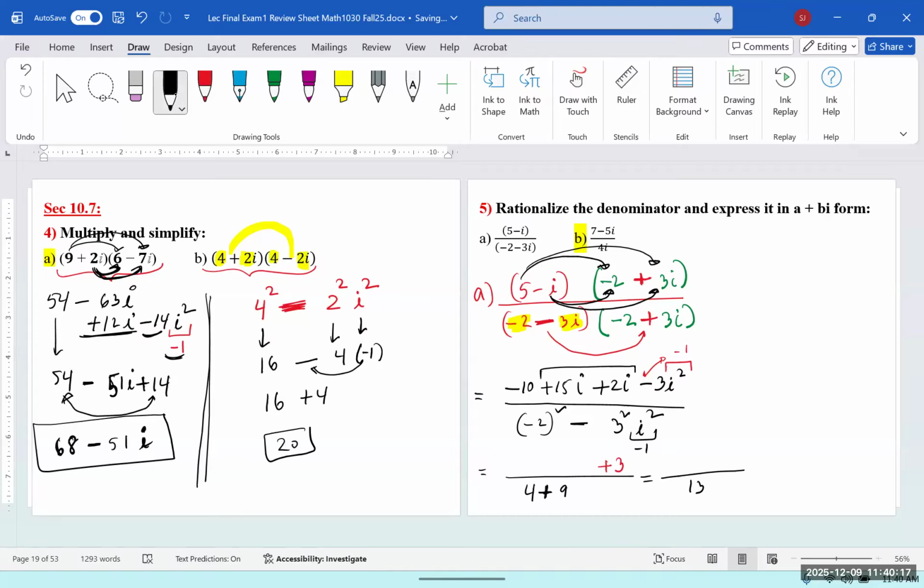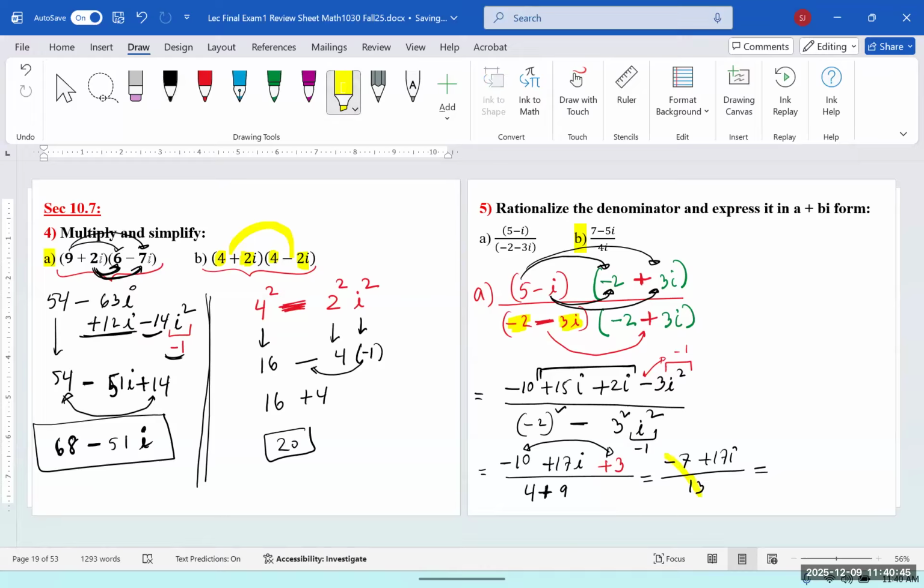In the middle, these are the like terms. Positive 15i plus 2i gives us positive 17i. And then we have negative 10. Now negative 10 plus 3 are like terms, so you get negative 7 and then 17i. But the complex number has to be written separately.